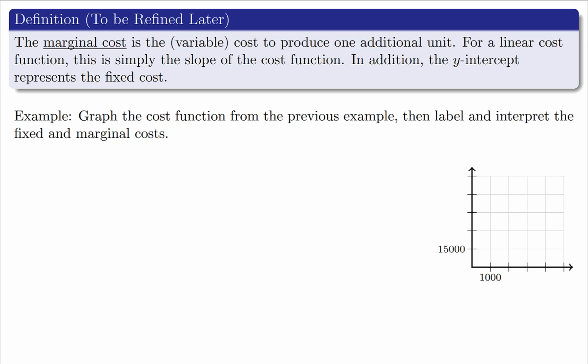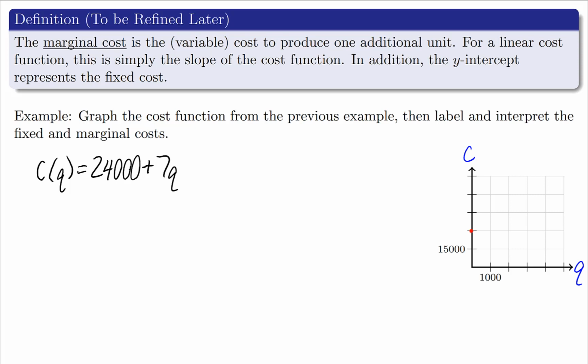Let's graph the cost function from the previous example. Again, it was C of Q equals 24,000 plus 7Q. This is a linear function, and it looks like our scale is going by thousands on the Q-axis, and the 15,000s on the C-axis. When you plot a line, we'll start off by doing 24,000 as our y-intercept.